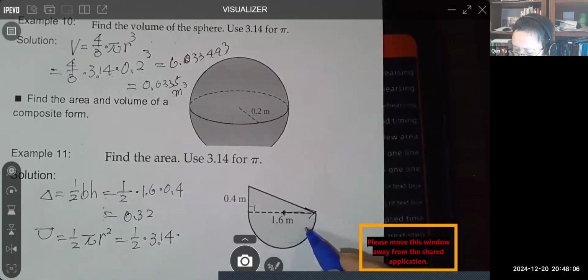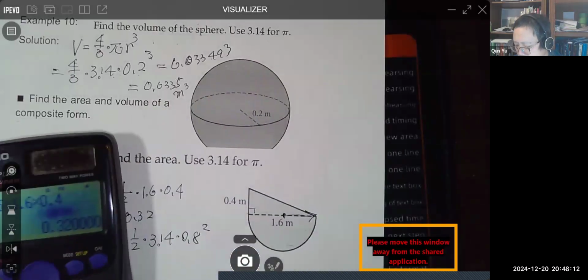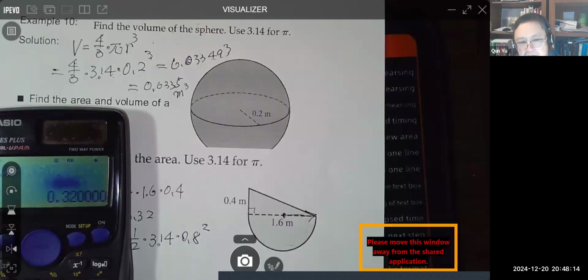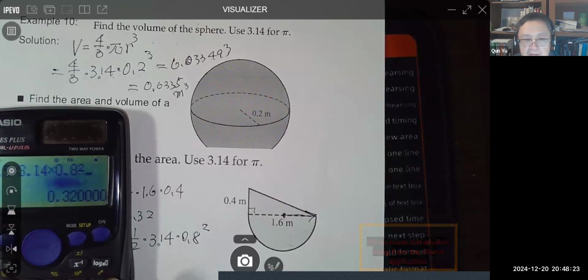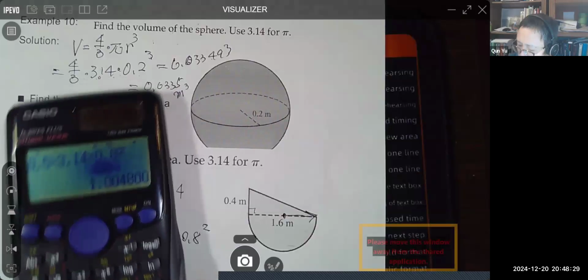That's 0.8 square. Now I do all of this in one step, 0.5 times 3.14 times 0.8 squared. Yeah, equals 1.0048.